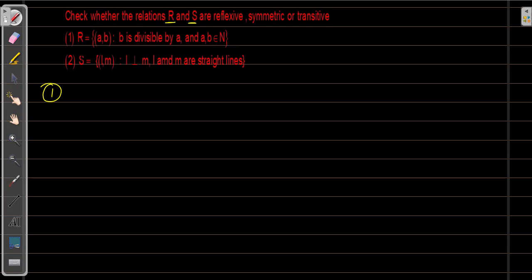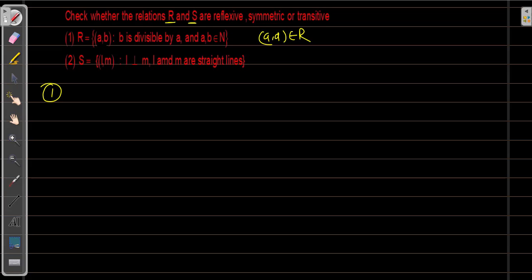First we will check whether the relation R is reflexive or not. If this relation R is to be reflexive, then the ordered pair (A, A) must belong to R. If (A, A) belongs to R, then we say the relation is reflexive. Now, what does it mean?